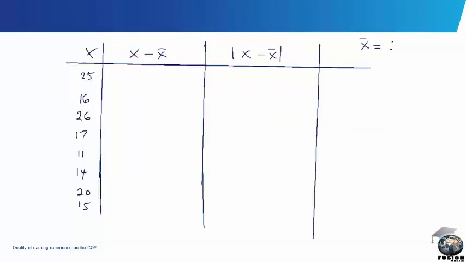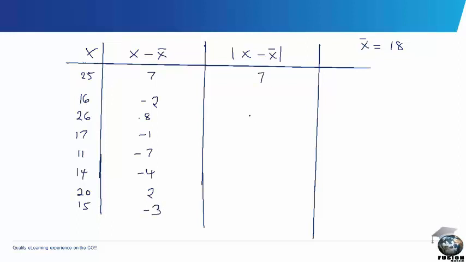So 25 minus 18 gives 7, 18 minus 16 gives 2, 26 minus 18 gives 8, 17 minus 18 gives 1, 11 minus 18 gives 7, 14 minus 18 gives 4, 20 minus 18 gives 2, and 15 minus 18 gives 3.